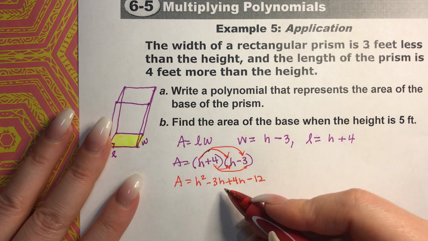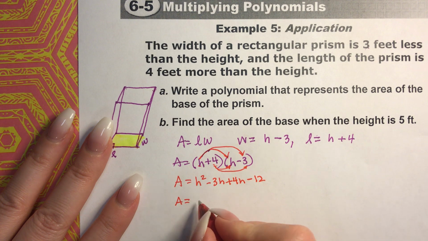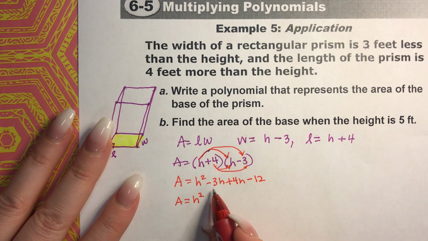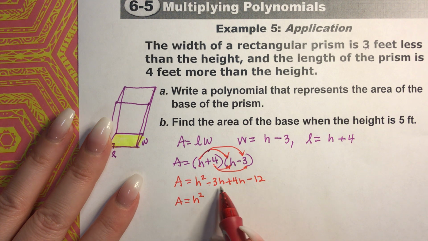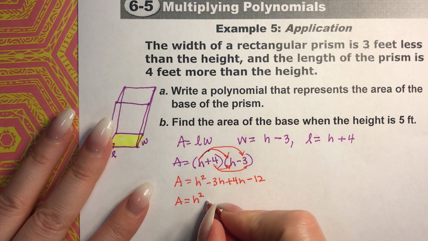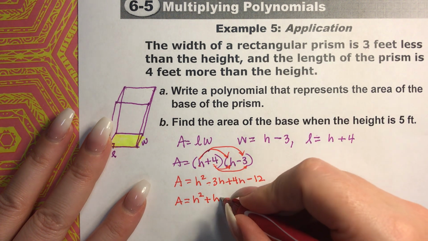Then we simplify. We can combine like terms there. So we get our area is equal to h squared minus 3h plus 4h. Negative 3 plus 4 is just a positive 1. You're not going to write positive 1h, you're just going to write positive h minus 12.